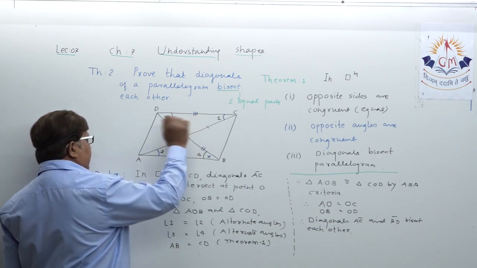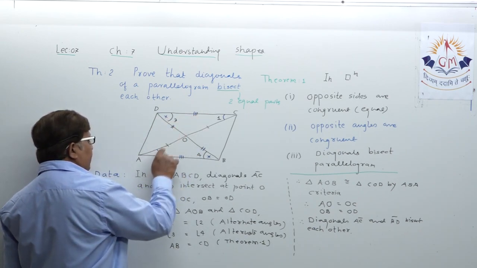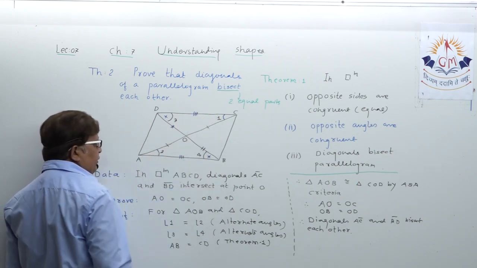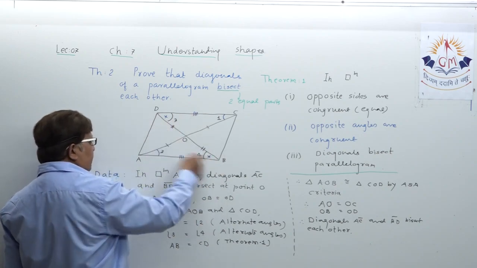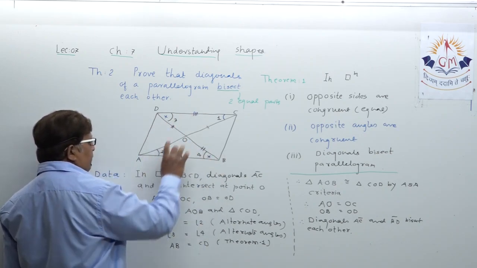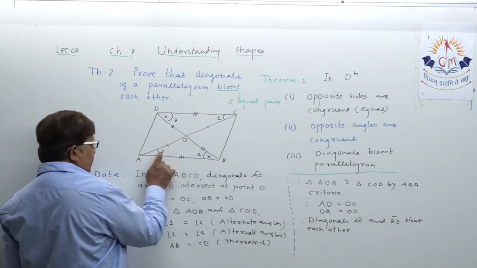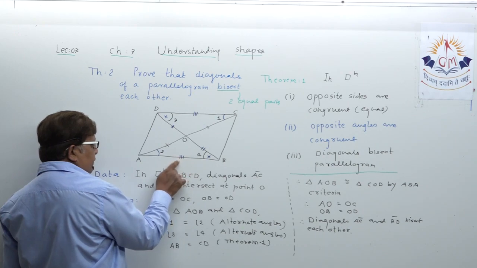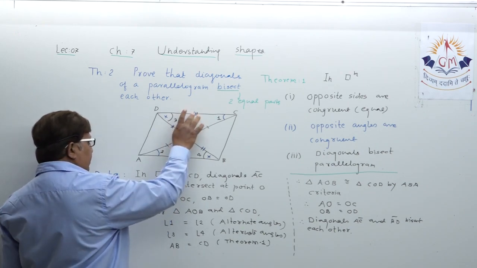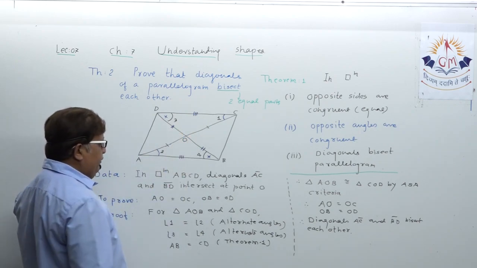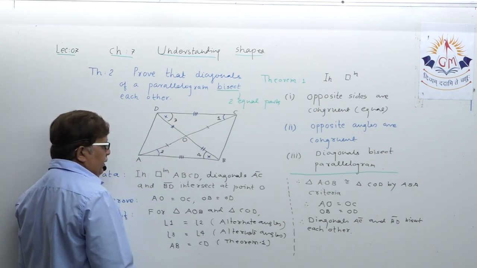AB is parallel to CD. So angle 1 and 2 are alternate angles, the Z construction, and the inverted Z gives angle 3 and angle 4. In this triangle, if you think of these two angles, this is the included side. In this triangle too, if you think of these two angles, this is the included side. And because it is a parallelogram, you proved in theorem 1 that opposite sides are equal.